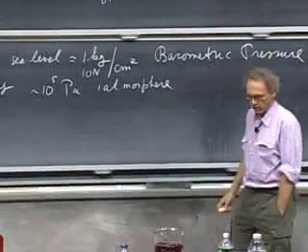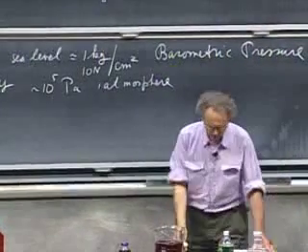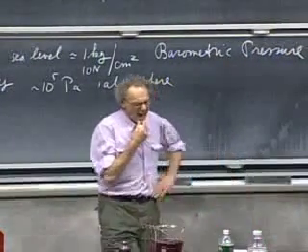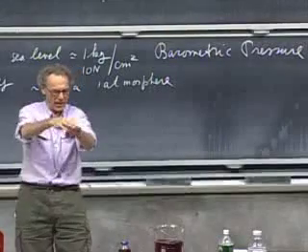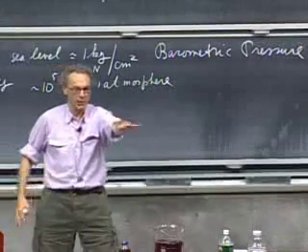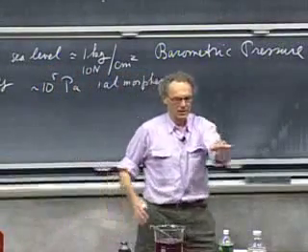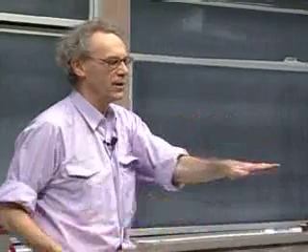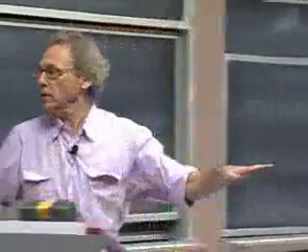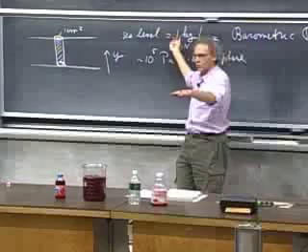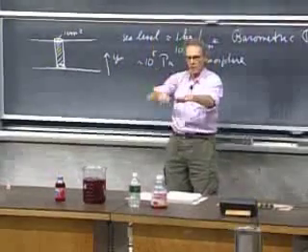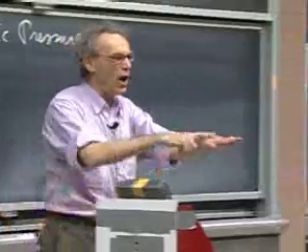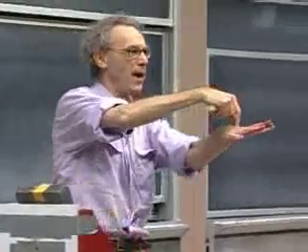The idea of a barometer. Here's my hand, and my hand has an area of roughly 150 square centimeters. Force is always perpendicular to the surface. I discussed that several times. For each square centimeter, there's an equivalent weight of 1 kilogram due to the air above me. That means 150 kilograms is pushing down on my hand.